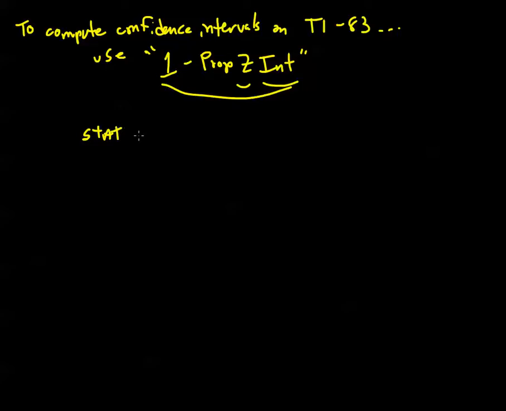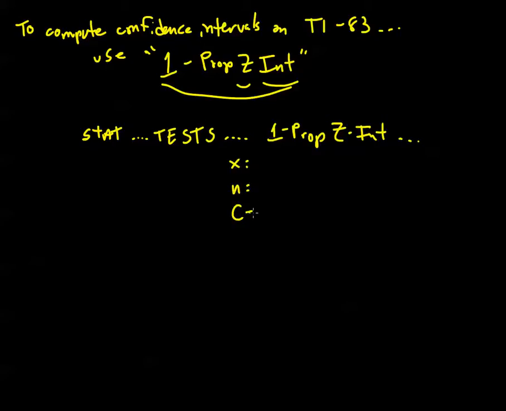To get to this command on our calculator, it's pretty easy. Hit your Stat button. In the submenu that appears at the top of the screen, scroll over and select Tests and Enter. Then you'll need to scroll down pretty far, whether you've got the 83 or the 84, and choose 1-PropZInt on that list, and then Enter. The calculator then prompts you for the following values.